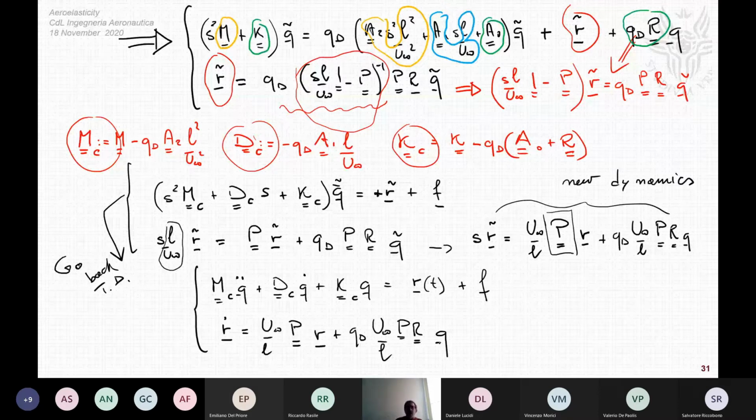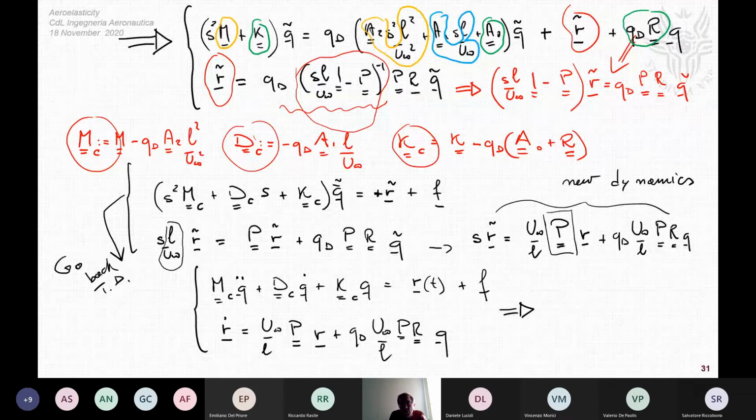But if you are a real control system guy, you need to have a state space form for your dynamics.